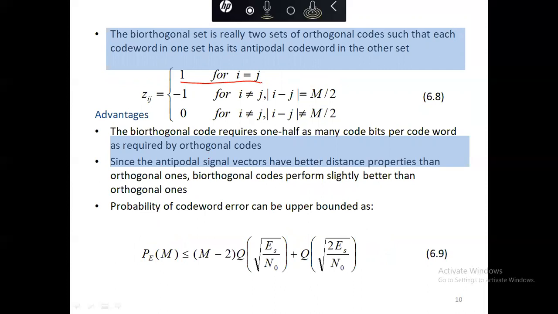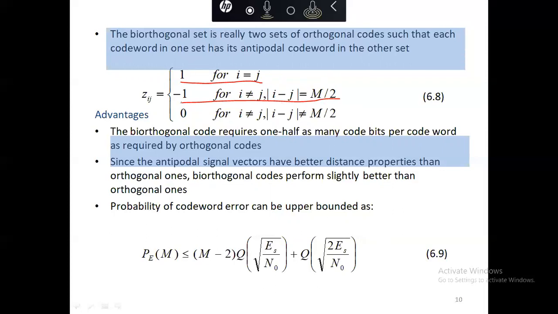If you have the autocorrelation of any sequence, that is 1, and if you have the sequence with a distance of M by 2, then in case of a 2 raised to power 3 bit sequence, you have 8 possibilities, and every 4th symbol is antipodal, and that is what makes it better than the orthogonal one.